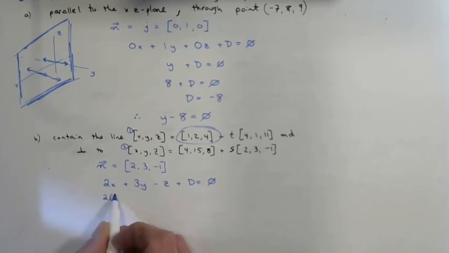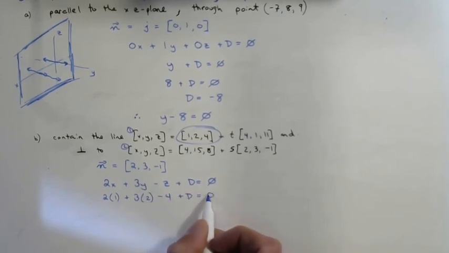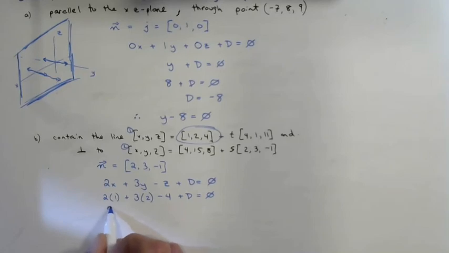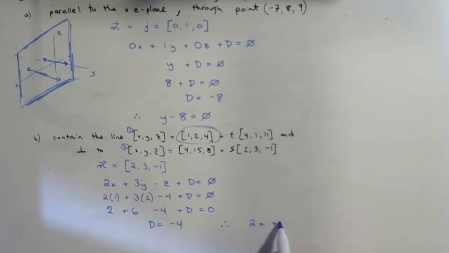So we've got 2 times 1 plus 3 times 2 minus 4 plus d equals 0. This is 2 plus 6 minus 4 plus d equals 0. 8 minus 4 is 4. Subtract 4 from both sides. d equals -4. Therefore, our scalar equation is 2x plus 3y minus z minus 4 equals 0.